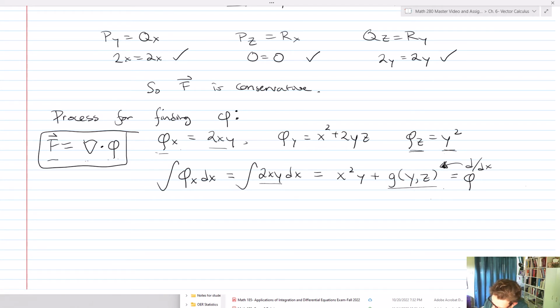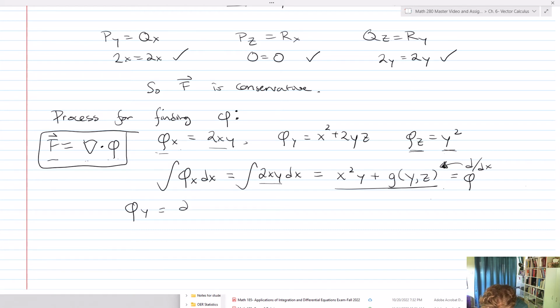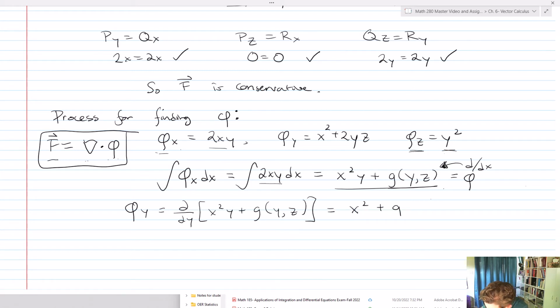So what I'm going to do now is take phi of y. Phi of y is this thing now. That's going to be del y of x squared y plus g of yz. And that's going to end up equaling x squared plus, and we'll call this just gy, g with respect to y. And that equals phi y.